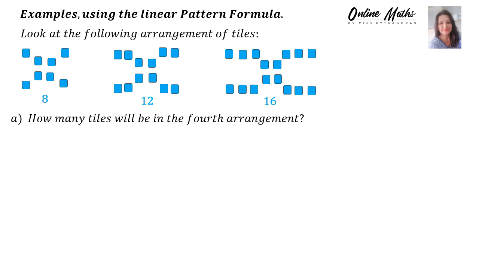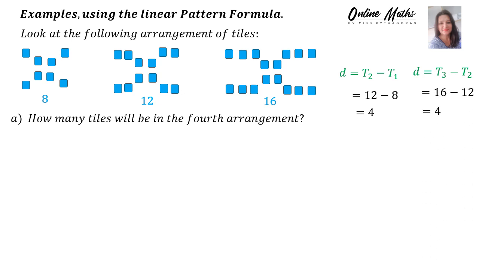Now first of all, let's work out the constant difference D. D is term 2 minus term 1, 12 minus 8, which is 4. But we have to work out D again to confirm that this is indeed a linear sequence. This time around, we will say D is term 3 minus term 2, which is 16 minus 12, which is 4.